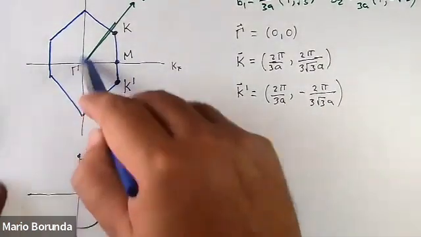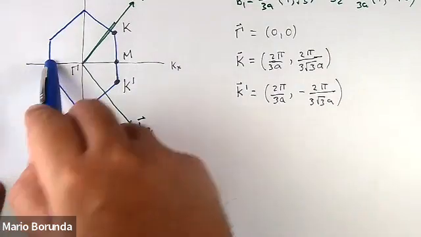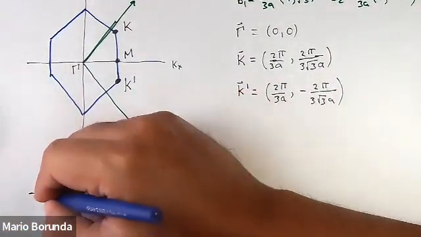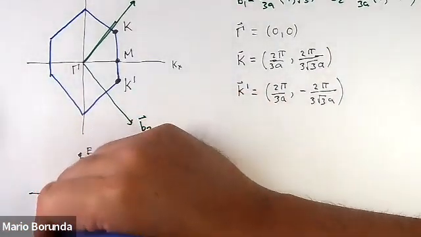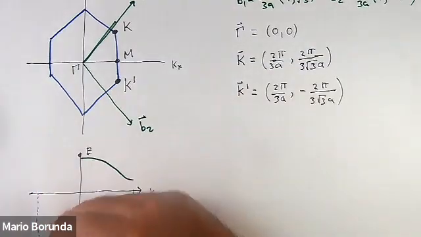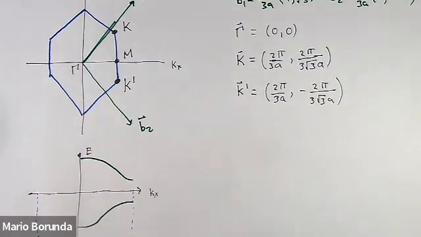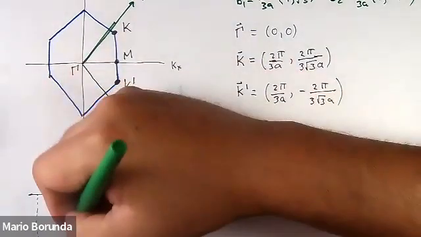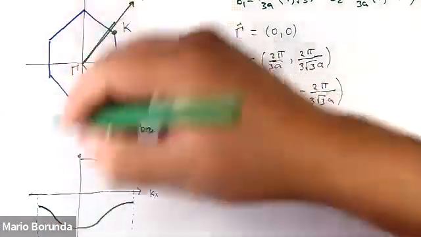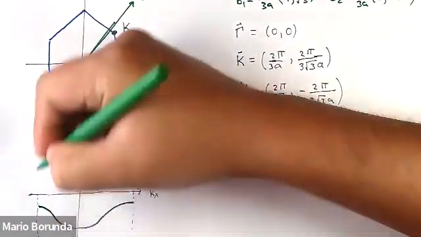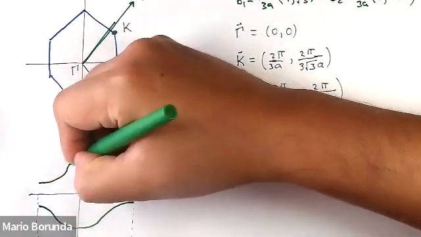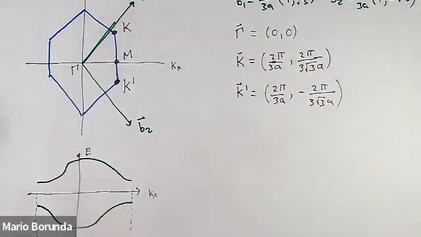So if I go from gamma point to this other side, it's also M. And it looks the same. So I would have that it looks like this. And then here, it would look like that. Okay, questions? No? We're good?